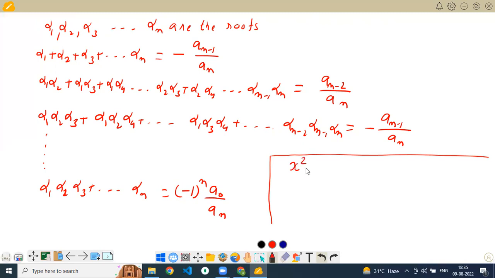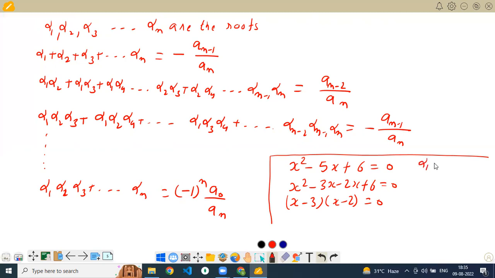x square minus 5x plus 6 is equal to 0. You remember this equation? This is my favorite equation because I can easily factorize it. x square minus 3x minus 2x plus 6 is equal to 0, and this gives me (x minus 3)(x minus 2) is equal to 0. What are the two roots of this equation? 3 and 2.